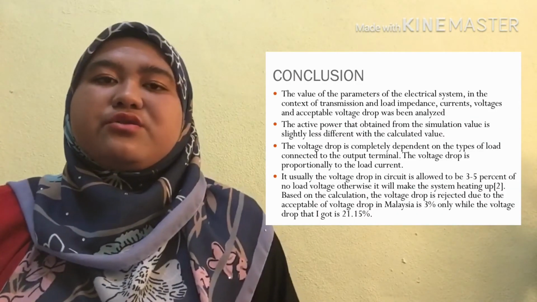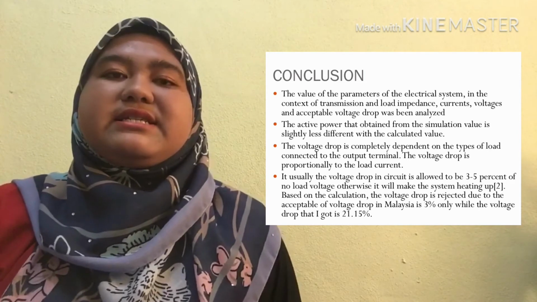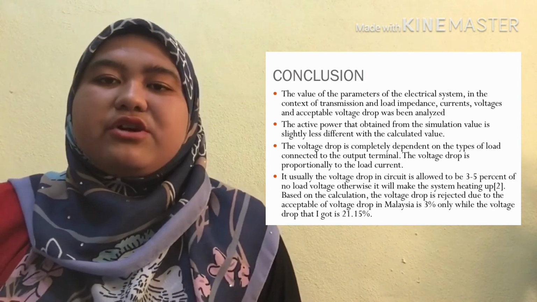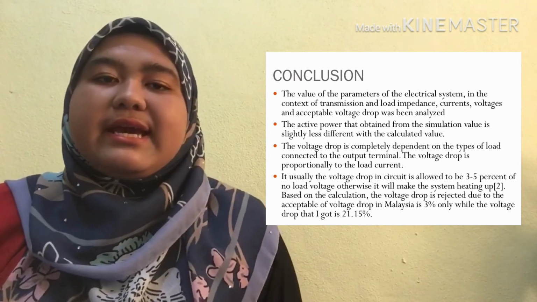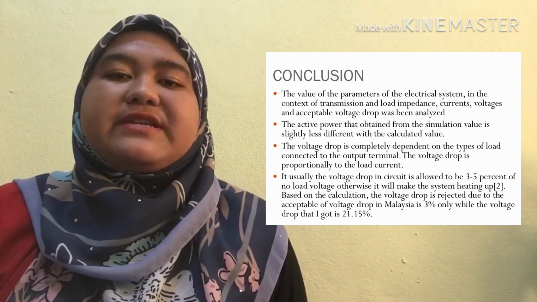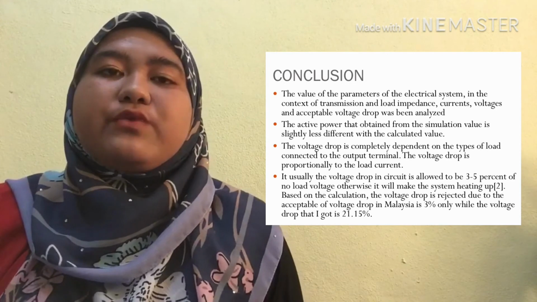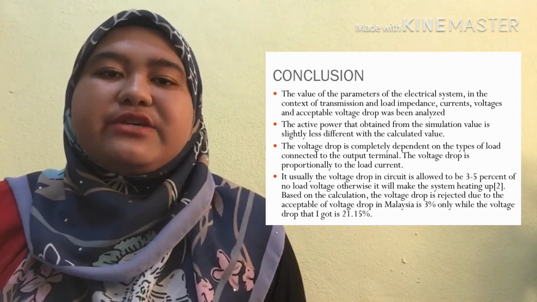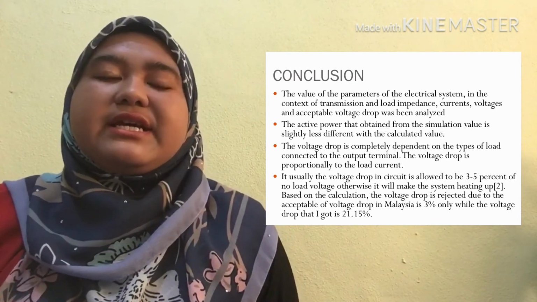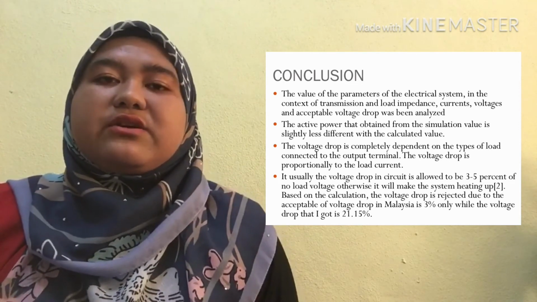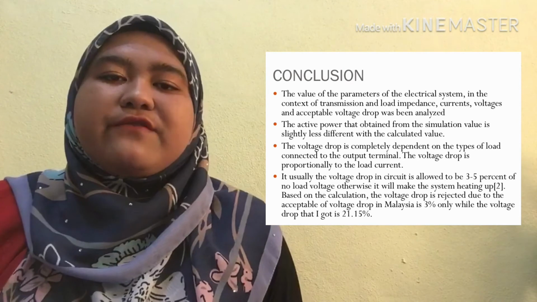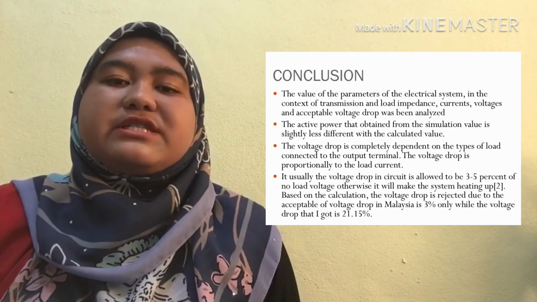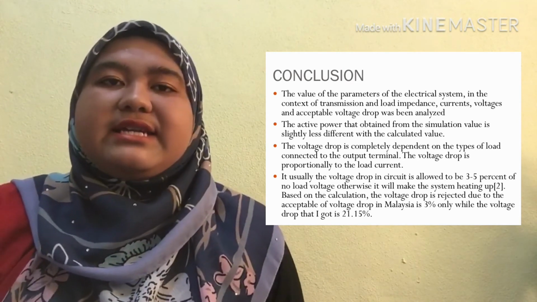Lastly, in the conclusion, after conducting the experiment, I got to know how to use PSIM wisely and how the connection of three-phase with Y generator and Y load works. The values of the parameters of the electrical system in the context of transmission and load impedance, currents, voltages, and acceptable voltage drop were analyzed.